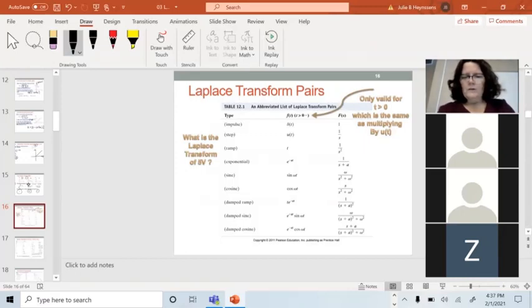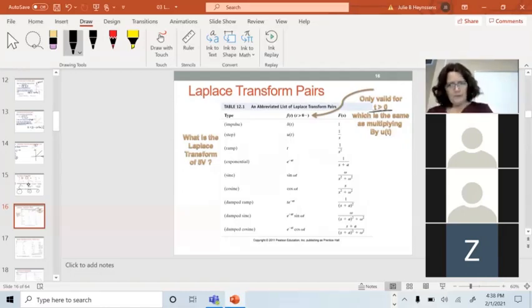One thing to note, these transforms are only valid for t greater than or equal to 0. We've lost the information about t less than 0. In the domain that I'm going to care about, where t is greater than 0, u of t equals 1 in the Laplace domain.